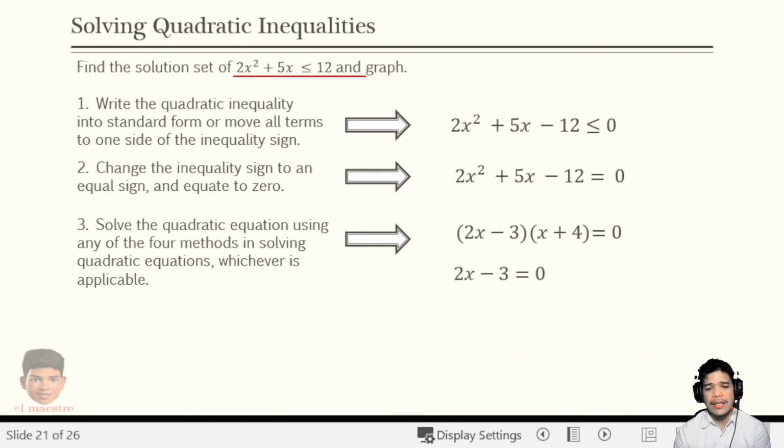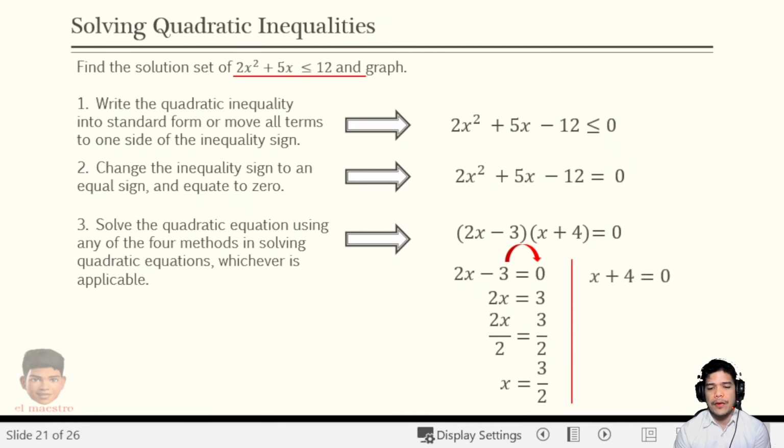So, you will have 2x minus 3 equal to 0. Transpose 3. So, you have 2x is equal to 3. Then divide both sides by 2. So you have 2 divided by 2, so cancelled out. So x na lang. So you will have x equal to 3 over 2. So 3 over 2, 1.5. Okay? Nasa mga 1.5 yan.